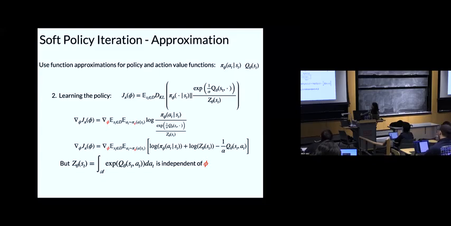And this Z term is actually independent of phi. So you can just throw it away, the normalization, the partition function. So we throw this away. And now the only thing I need to worry about is these two terms, which is the gradient of the log of the probability of the actions minus the Q.